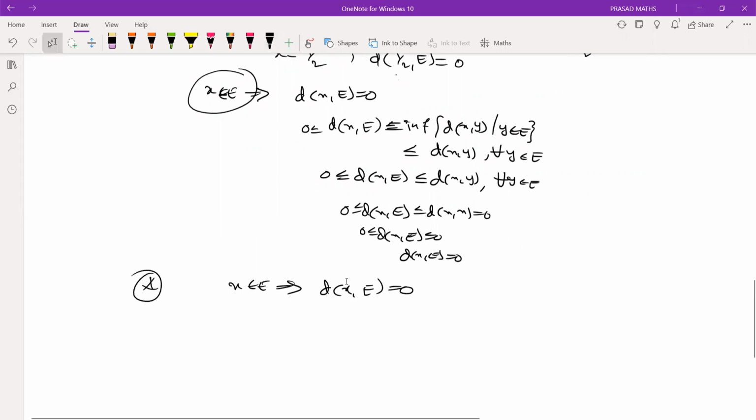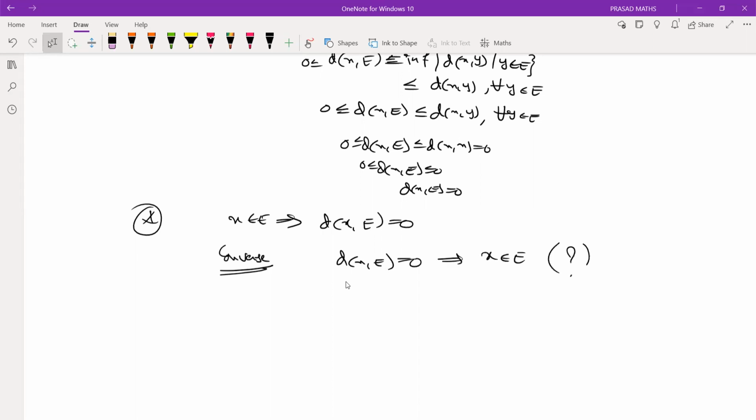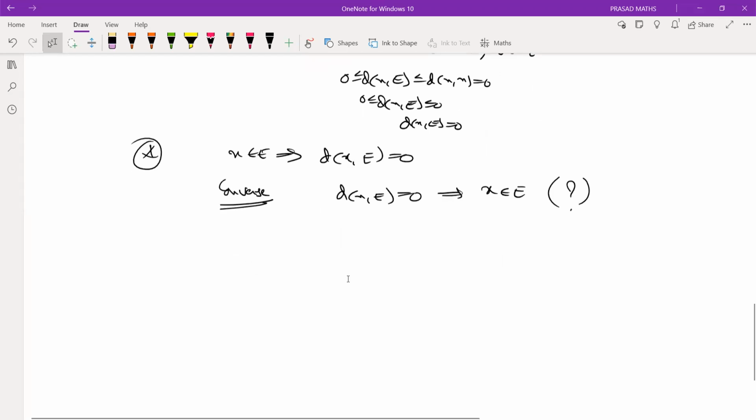Right? Is the converse true? What about the converse? If the distance between x and the set is 0, does it mean that x belongs to E? The answer to this question need not be yes in general.